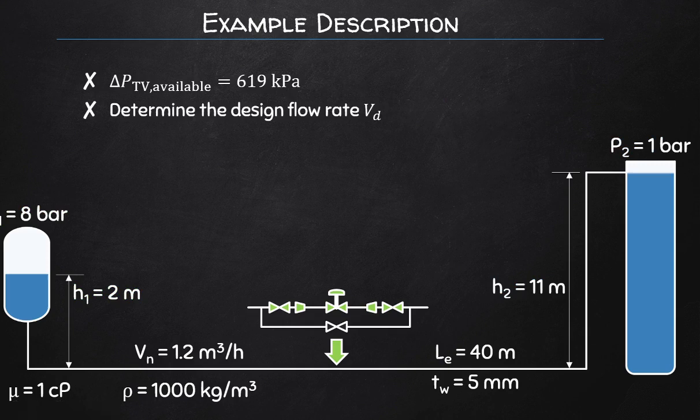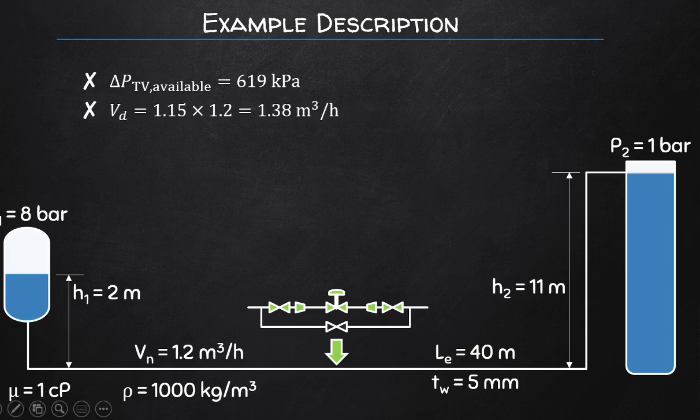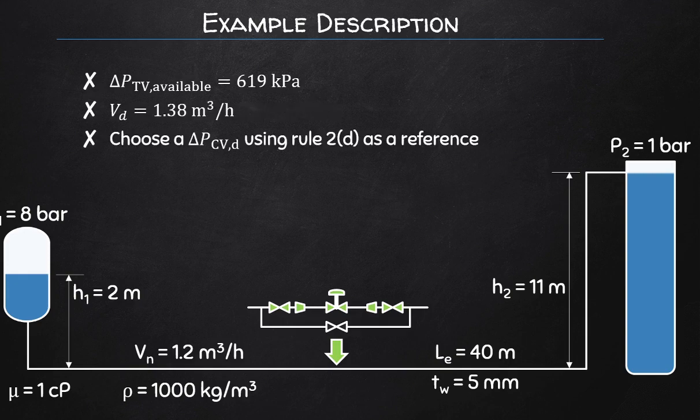So next we determine the design flow rate, because this is going to be used in the design of the control valve, and this is specified from the normal flow rate of 1.2 meter cube per hour. Since this is perhaps a normal process, the design flow rate will be 15% greater than the normal flow rate at 1.38 meter cube per hour.